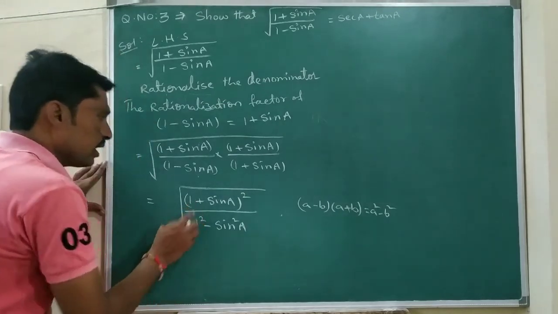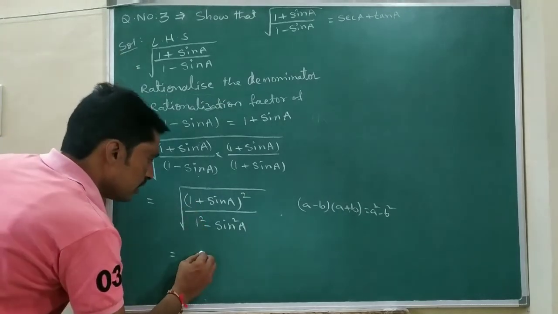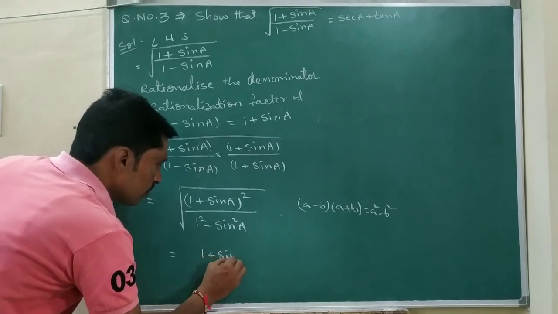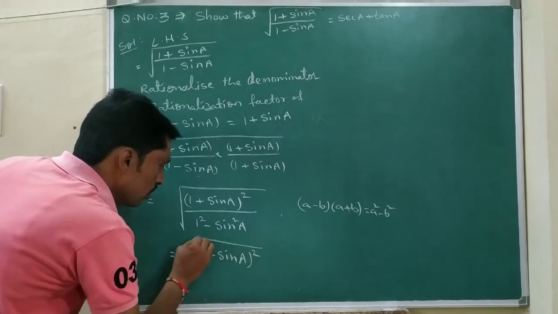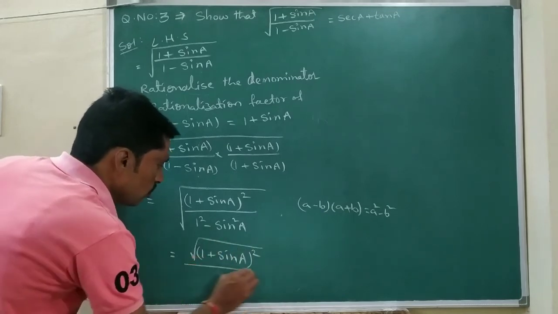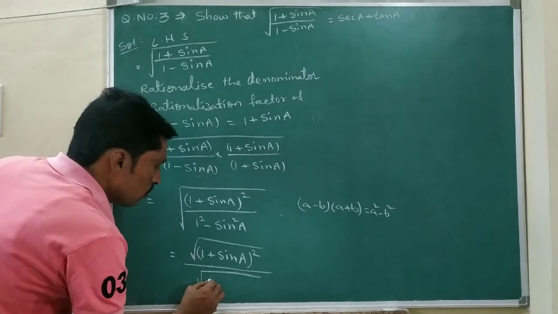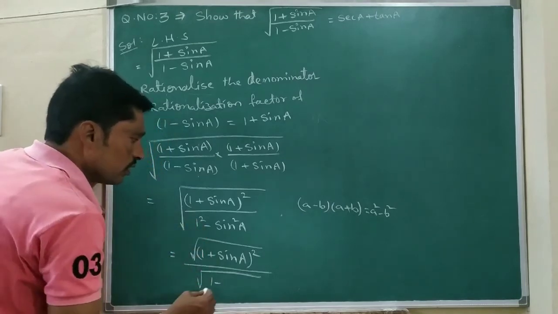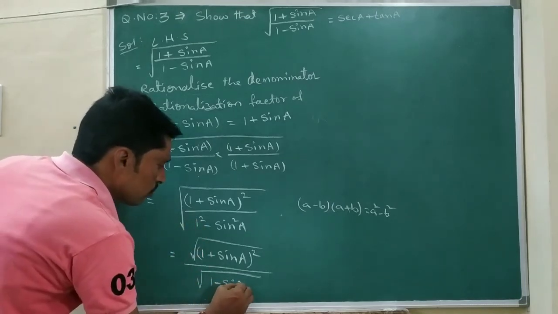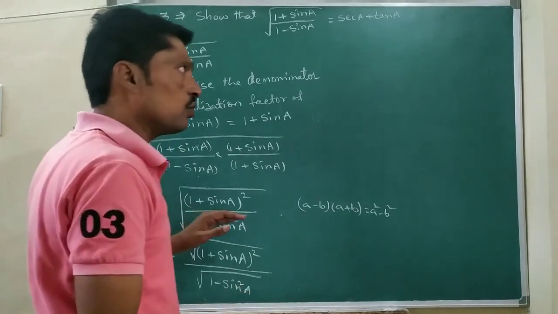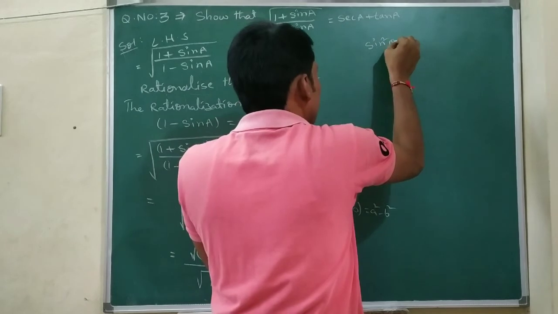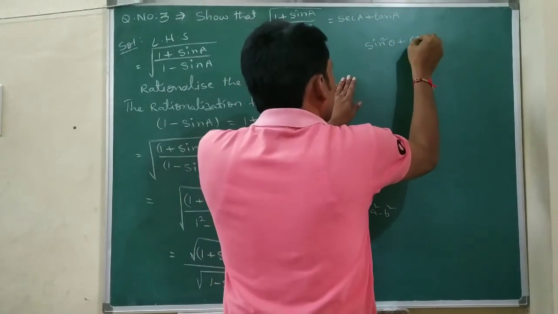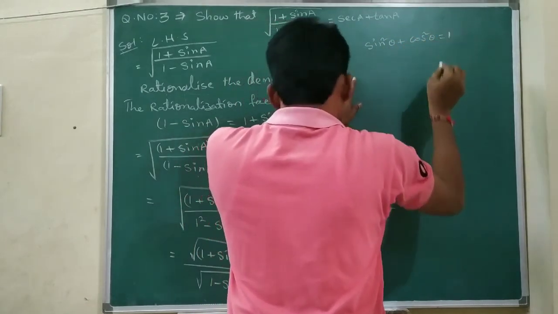Now one more step, here I am writing individually: under root 1 plus sin A whole square, divided by under root 1 minus sin square A as it is. We know the identity, what is that identity? Sin square theta plus cos square theta equals 1.